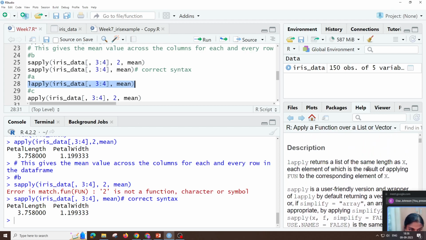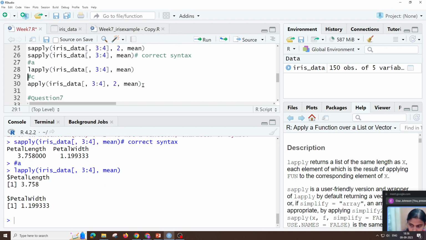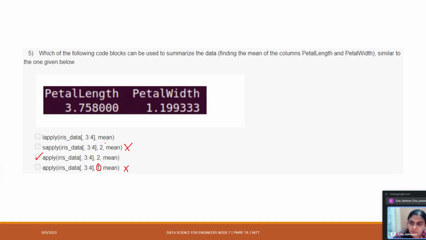It returns a list of the same length as X, each element of which is the result of applying the function to the corresponding element of X. You can run this and see that for each of the columns it is giving the mean. So you can take that option also. For this question our answers will be A and C, as Swami has given.